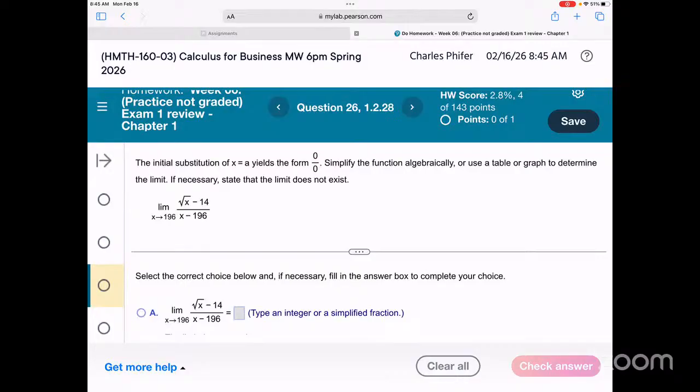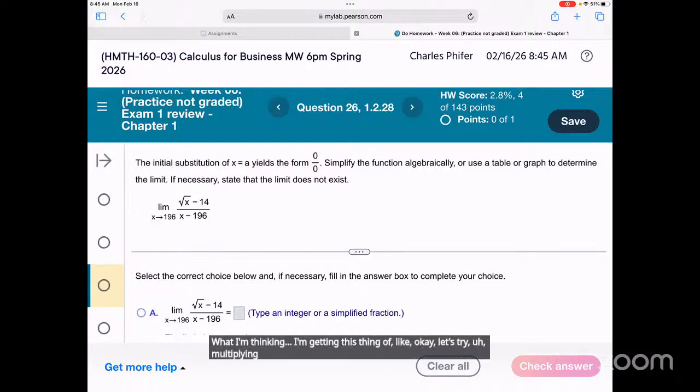So if we plug in 196, it gives us 0/0. What I'm thinking is, let's try multiplying by the conjugate.